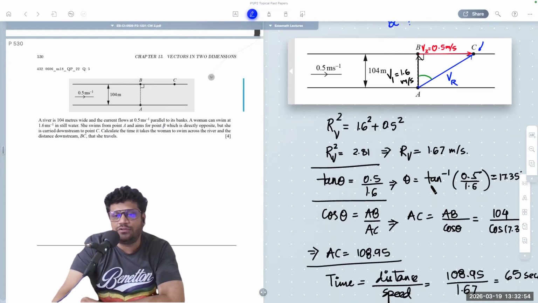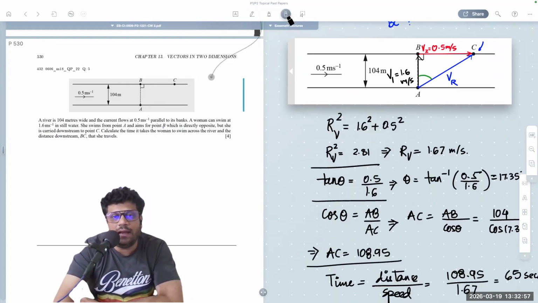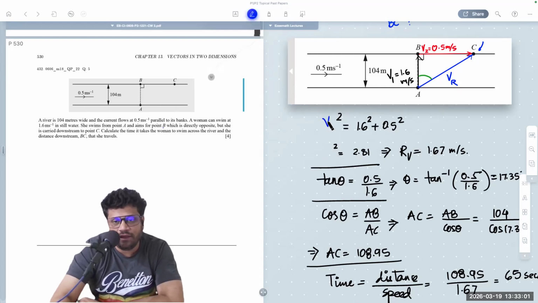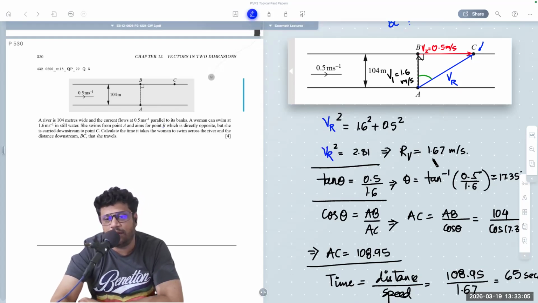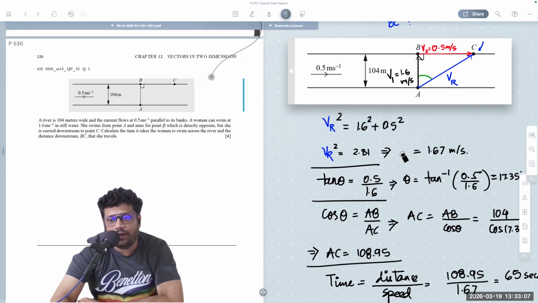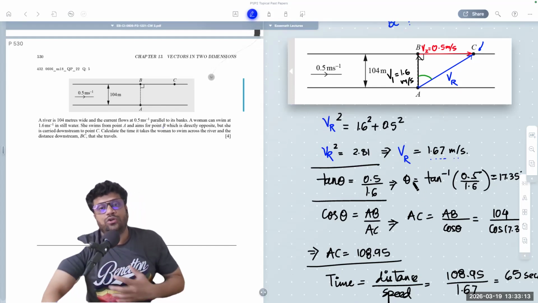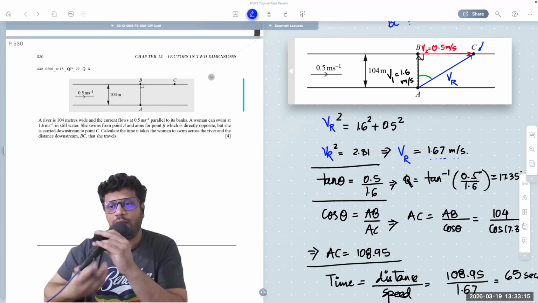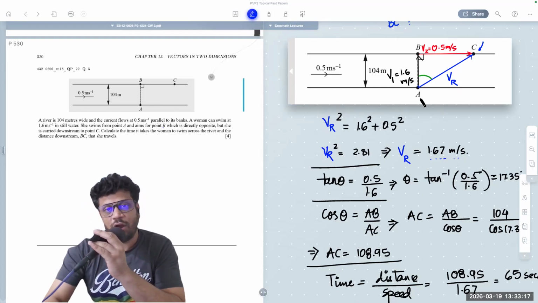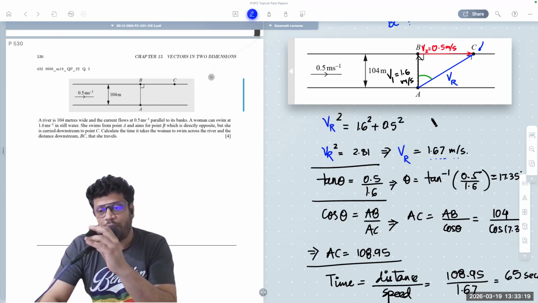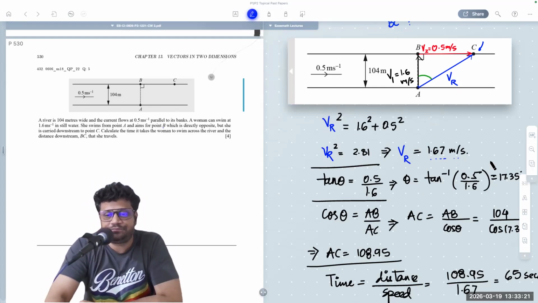Again, I use Pythagoras theorem and find the resultant velocity. I call it VR, and it comes out to be 1.67 meters per second. So she ends up going along AC with a velocity of 1.67 meters per second.